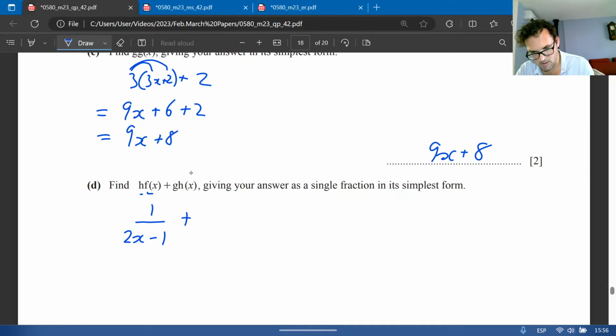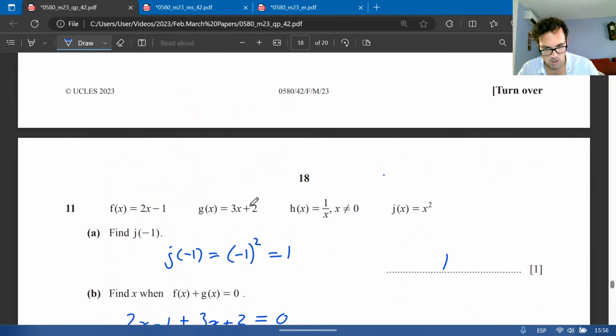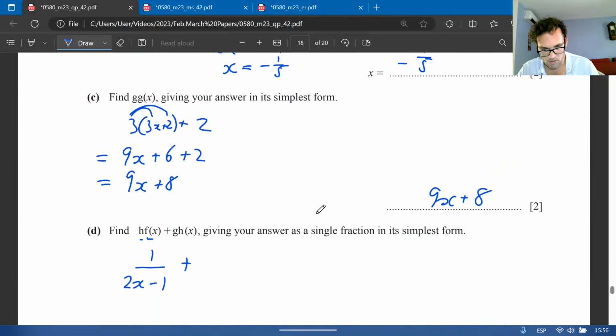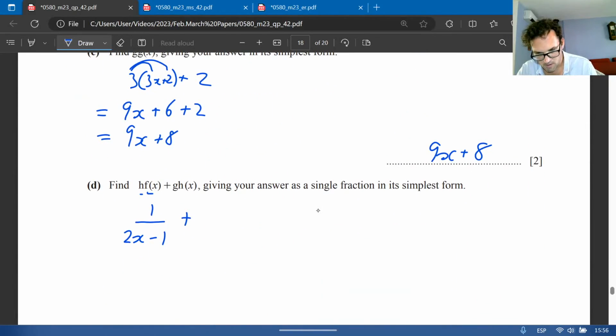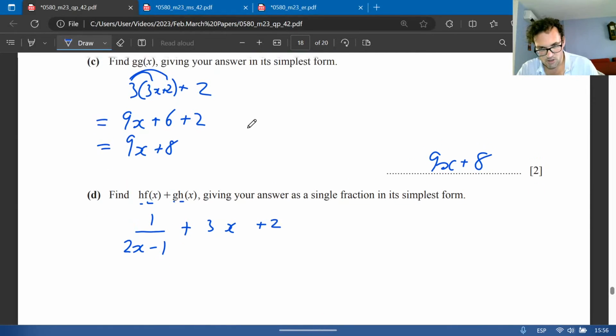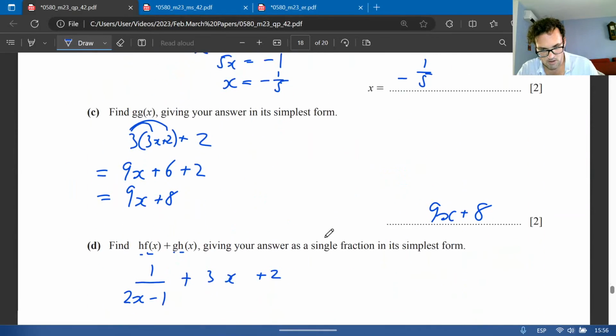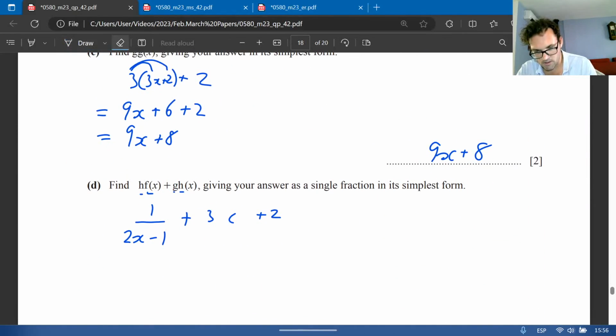Plus, then we take the function g, which is 3x plus 2. And where the x is, we're going to put h. So instead of x, we put h, that's 1 over x. So instead of that, we put 1 over x in brackets. This is important. I think that was the easy part.